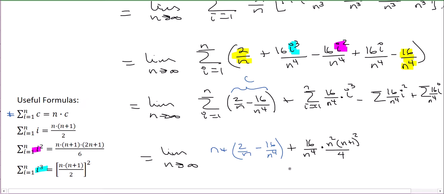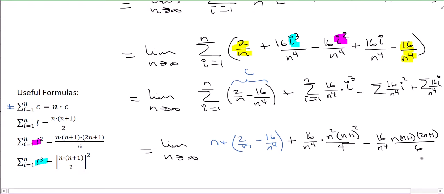Distributing this power in. And then minus, same thing here, I can pull out the 16 over n to the 4th out of the sum, and I have the summation of i squared. The summation of i squared is n times n plus 1 times 2n plus 1 over 6. So n times n plus 1 times 2n plus 1 over 6.